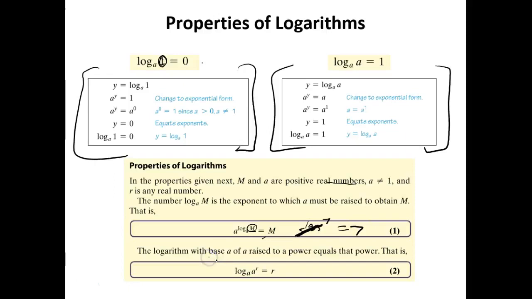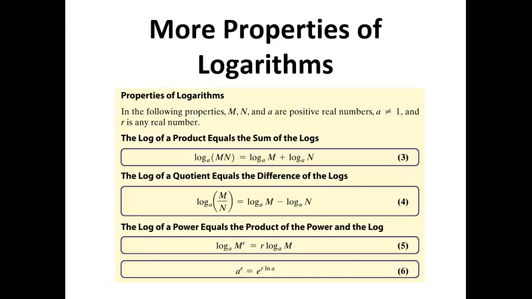The logarithm with base a of a raised to a power equals that power. Again, logs are inverses. If you have the base a and a to the r, they're going to undo each other, and you're going to be left with that r.